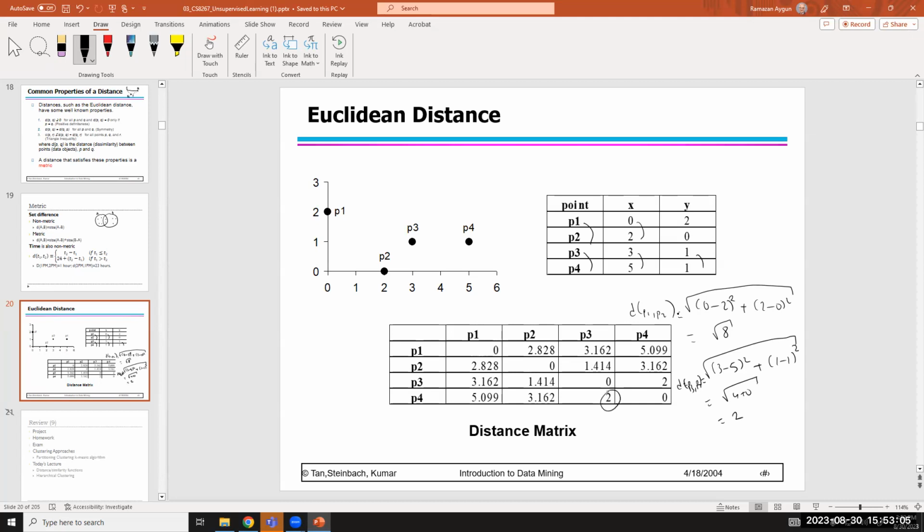So you can see that. Any questions? So this is just an introduction before going into clustering analysis. At least you need to know at least one distance measure. Right? That's why I go over it.